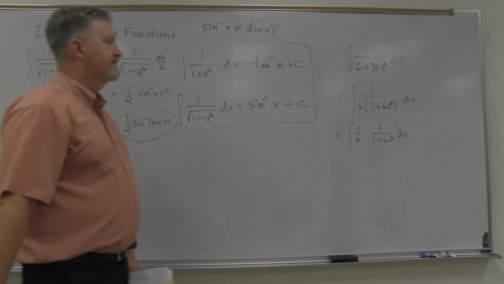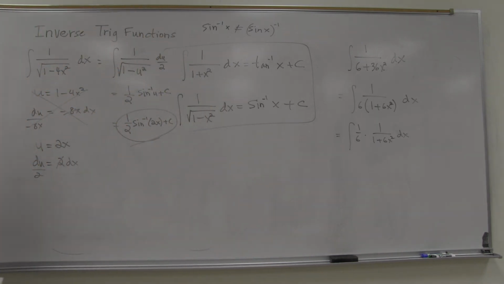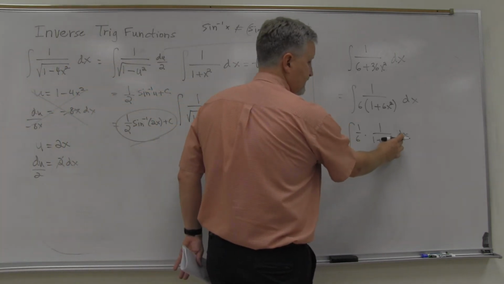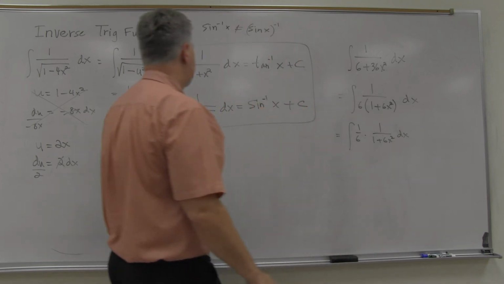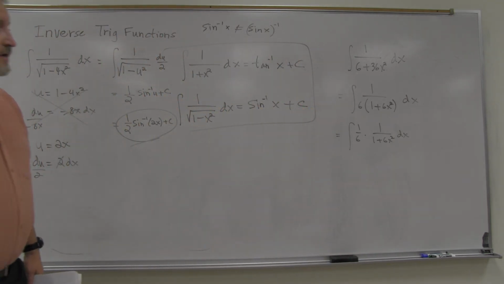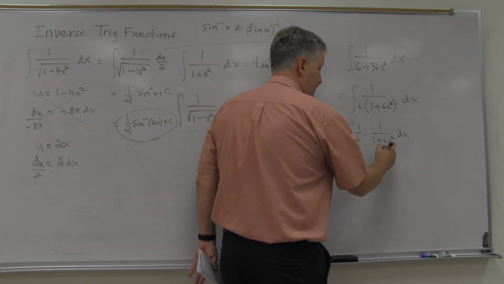So now we can do similar to what we did with our previous problem. I need this to be something squared, 1 plus u squared. So if I want that to be u squared, what does u need to be?